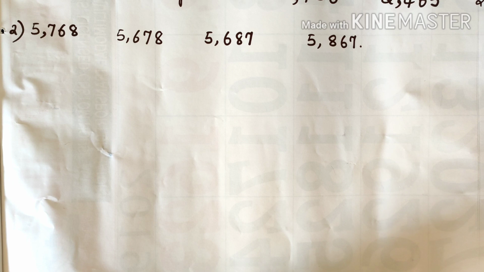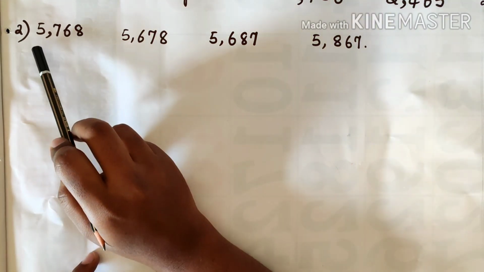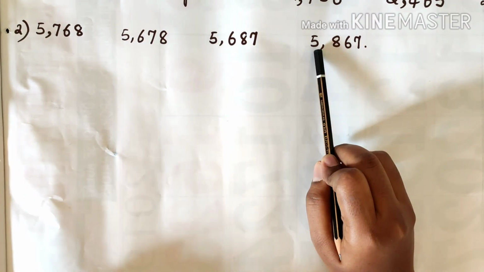5768, 5678, 5687, 5867. Let us compare the highest place, that is of thousands. We have 5 here, 5 here, 5 here and 5 here. All the four numbers have the same number in thousands place.